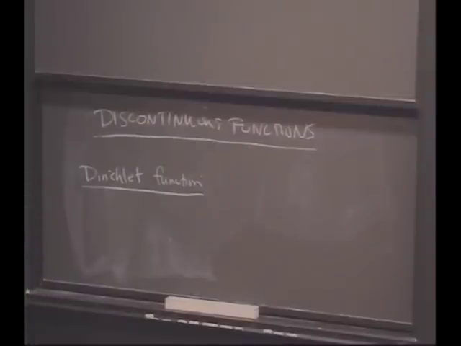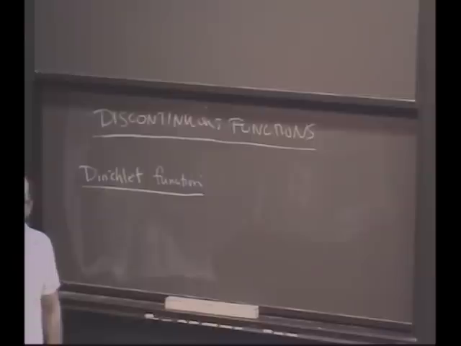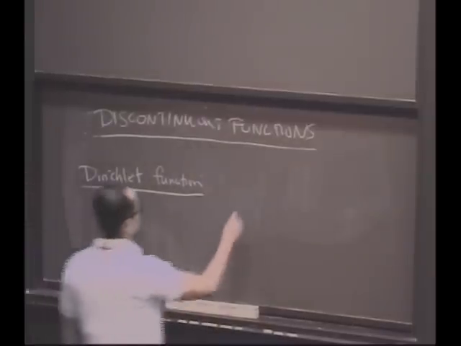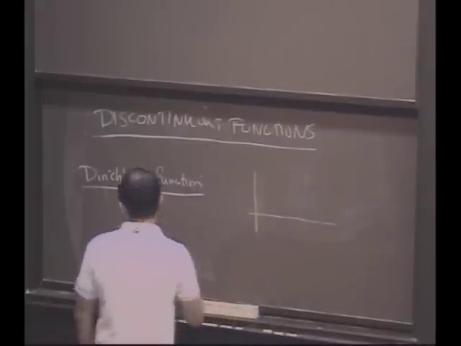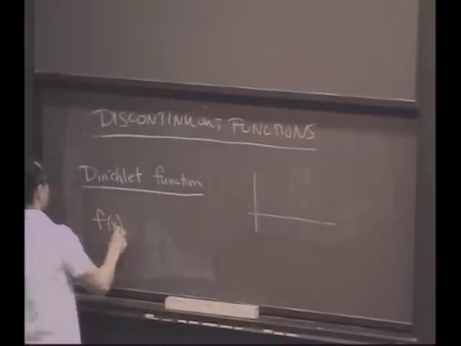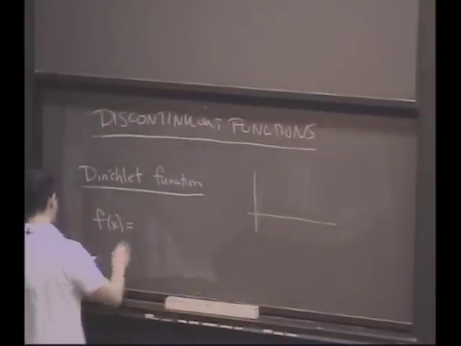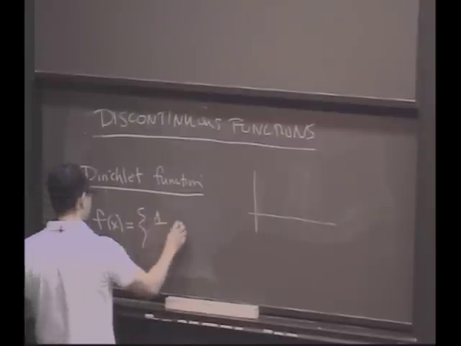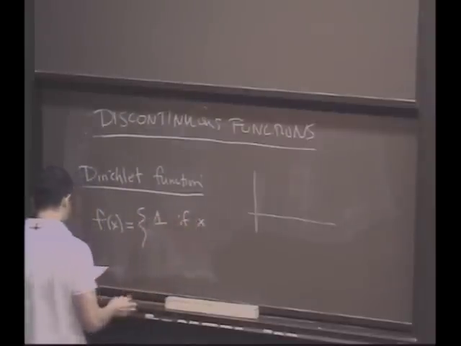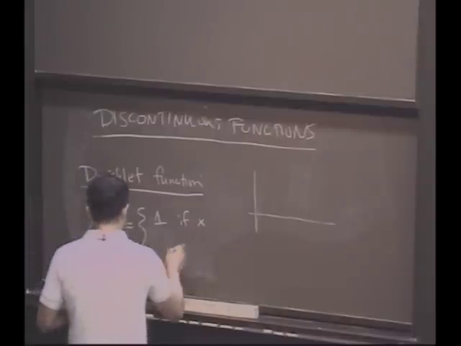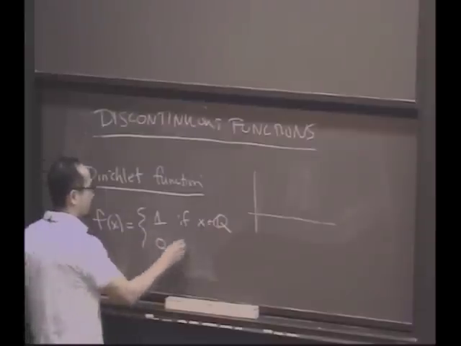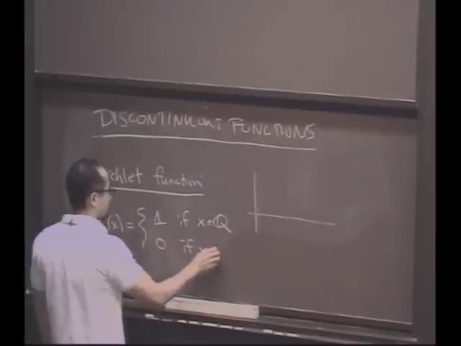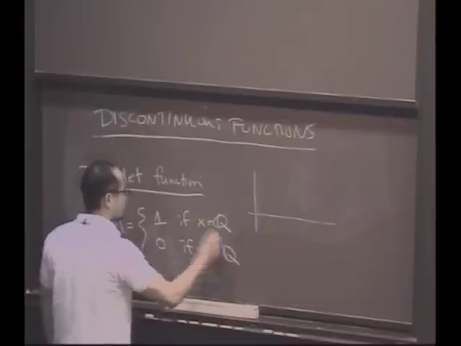So it's a function that's, in fact, not continuous everywhere. Okay? Very simple example of a function, however. So we'll define it to be, let's say, f of x is 1 if x is rational, and let's let the function be 0 if x is not rational.